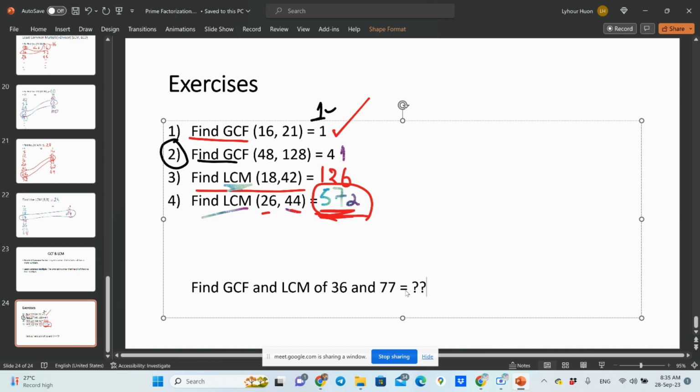Find both. Find the GCF and LCM of these two numbers.